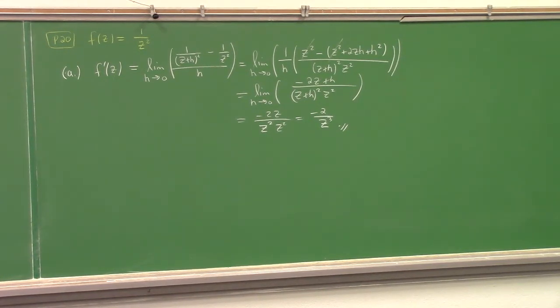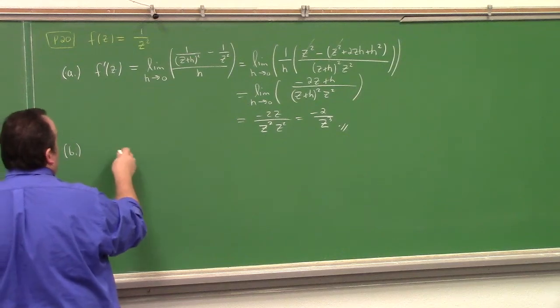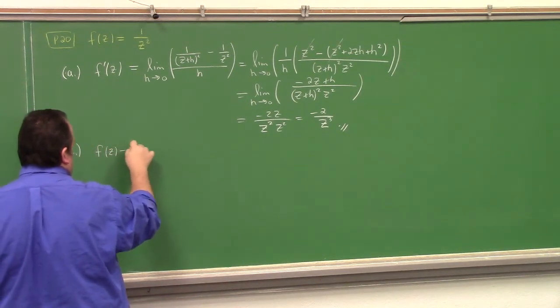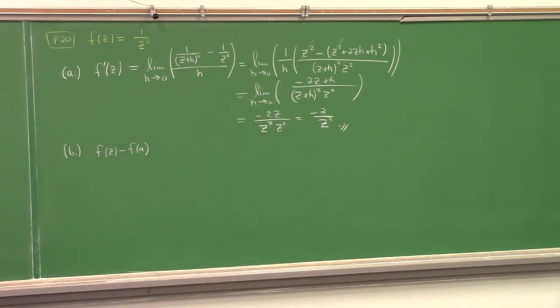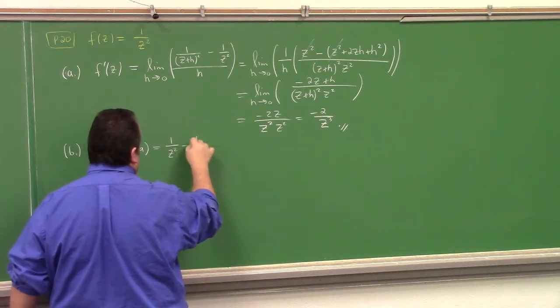Now, part B, I asked you to use the theorem of Carathéodory. To do that, what you want to do is look at f of z minus f of a. Usually when you do that, you'll be able to see what the quotient function should be. So when I do that, this is 1 over z squared minus 1 over a squared.